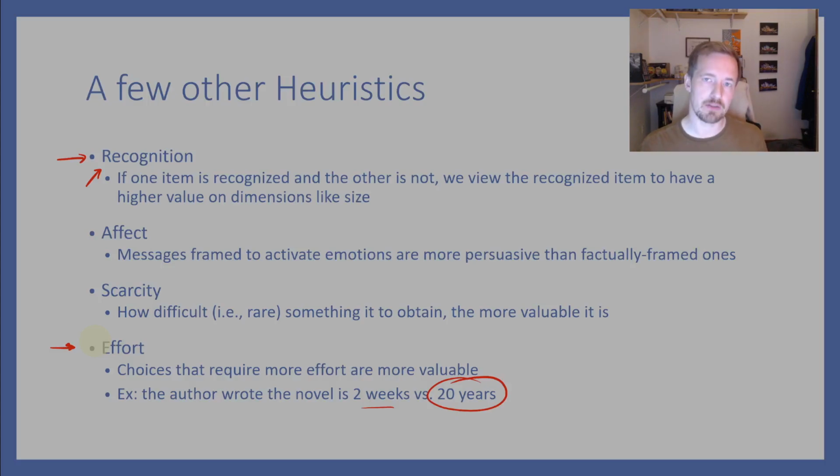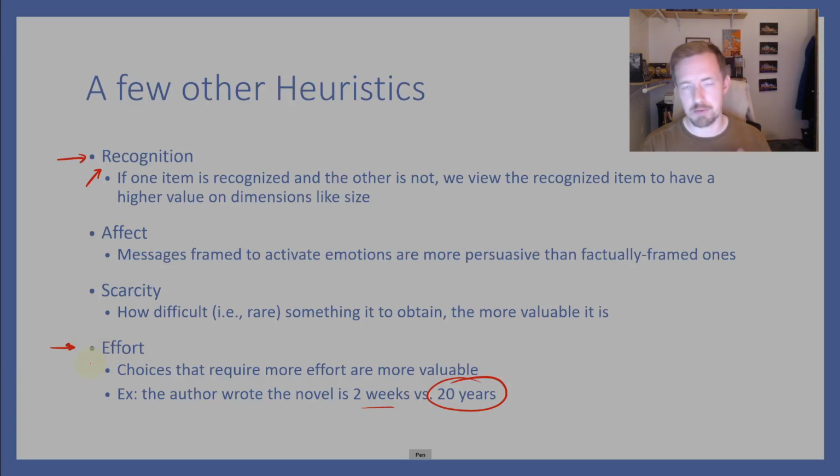So if I made a loaf of bread and my friend bought an almost identical loaf from the grocery store, from the Big Y or whatever, and we were thinking about selling both of our loaves, I would probably say, oh, my loaf should be more expensive because it took me a longer time to make it, right? Even if they taste exactly the same, even if they look exactly the same, we would want that handcrafted bread to cost more, right? Because we feel like it's more valuable because there was more effort.